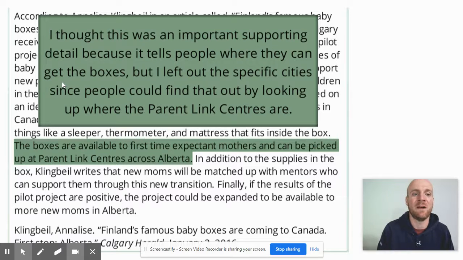You don't have to necessarily say all the cities that it's available in, because if they know what a Parent Link Center is, they can look up Parent Link Centers and find out where they are in Alberta. So for this one, I'm including 4 important details, and you want about 3 to 5.